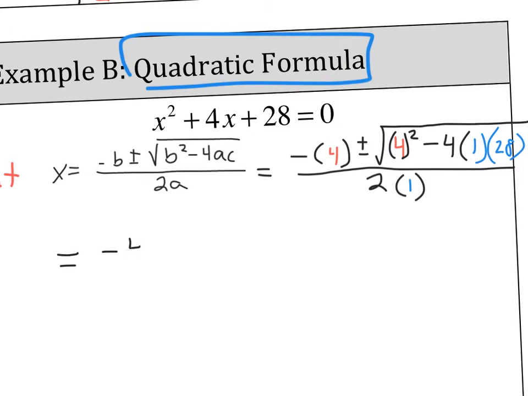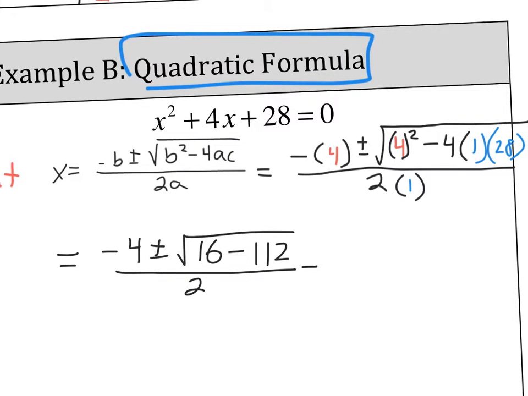I bring down the negative 4. Inside, we'll always simplify something similar to this, and I get 112 when I multiply out, all over 2. And now here, I get negative 4 plus or minus radical negative 96, all over 2.